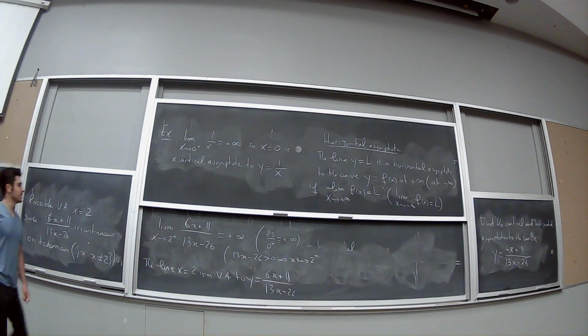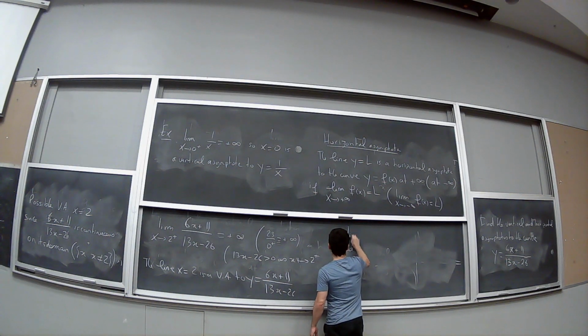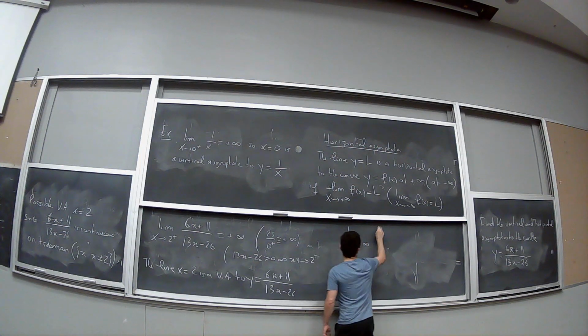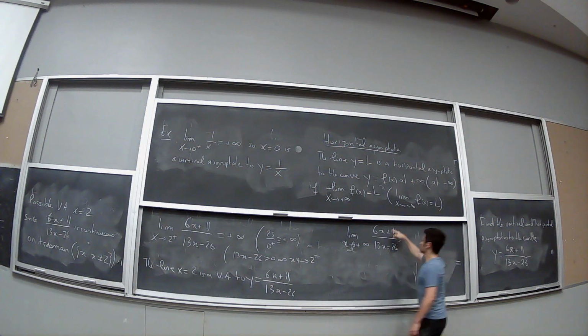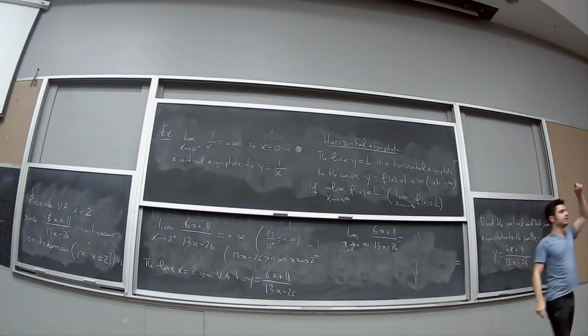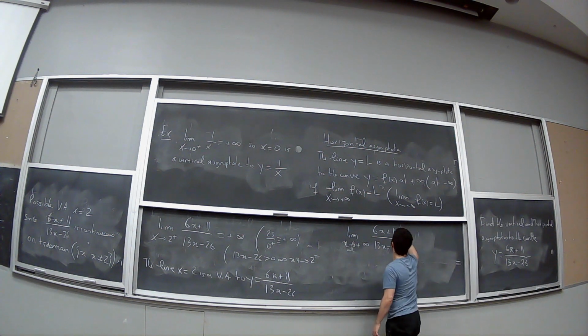Now, let us look at the horizontal asymptote. For the horizontal asymptotes, I have to check the limit as x goes to plus infinity of (6x plus 11) over (13x minus 26). Plug in, what do you get? Infinity over infinity, right? It's an indeterminate form.